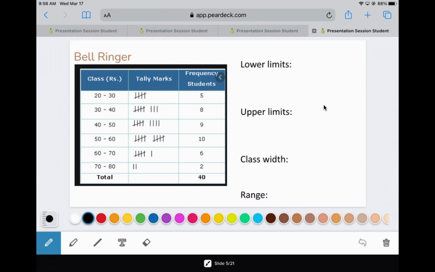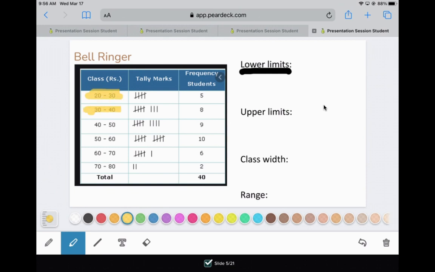So let's review the lower limit. And I think most of you got it. Some have something else. So the lower limit is, I'm going to highlight the class. This is one class. This is the second one. This is the third class. So each row, each interval is one class.